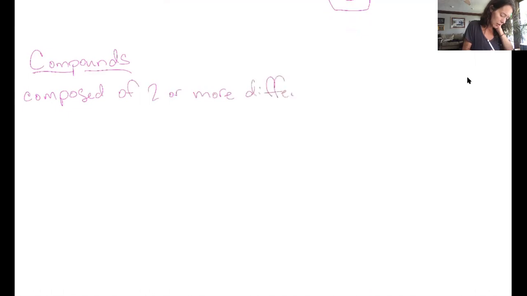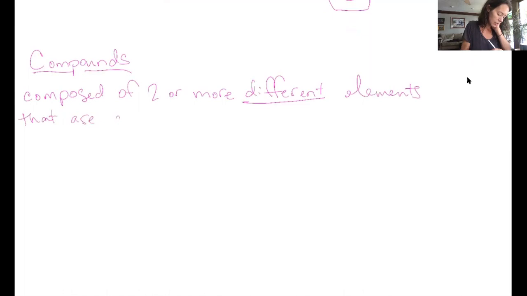compounds. Now, compounds, by my definition, are composed of two or more different elements. Different is a key word, it's got to be there. And those elements are chemically bonded.